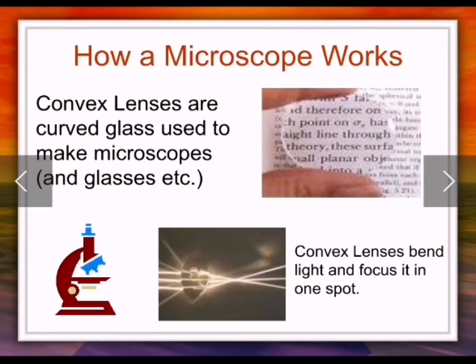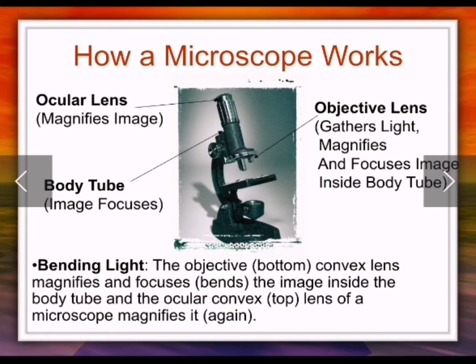How the microscope works. Convex lenses are curved glass used to make microscopes. The convex lens bends light and focuses it in one spot. First we have the ocular lens, which magnifies images. Second, we have a body tube, which connects the ocular lens to the objective lens and the stage.